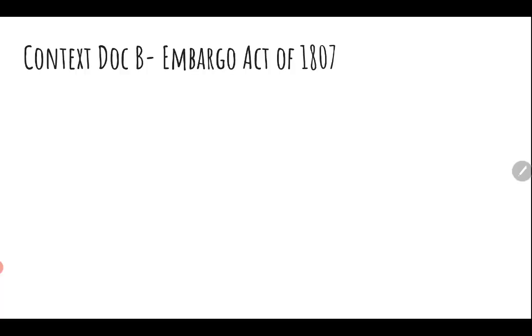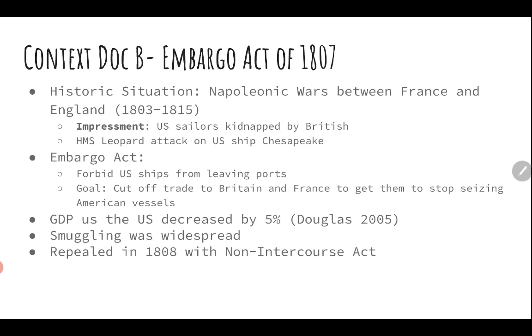So, if I was looking at Doc B, and we'll take a look at Doc B in a minute, I would maybe think about historic situation, right? The historic situation of Doc B is that we are still caught in the middle of the Napoleonic Wars, which goes back to Washington. And what is starting to happen is that U.S. sailors are being kidnapped by the British, and our stuff is being seized by the French.